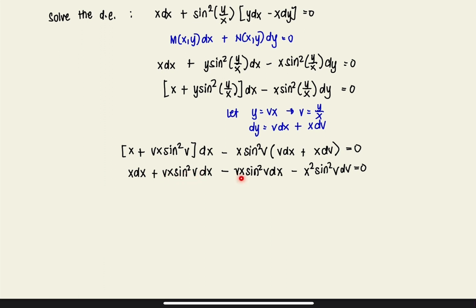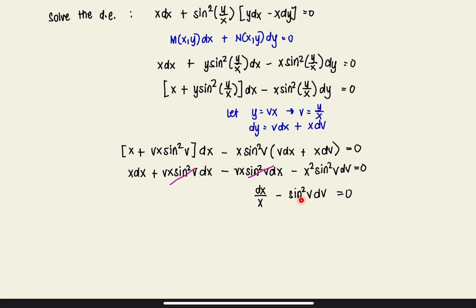And these two right here can be cancelled out. So what's left is a variable separable differential equation. And so simplifying them and separating into two terms, we have dx over x minus sine squared of v dv equals 0.